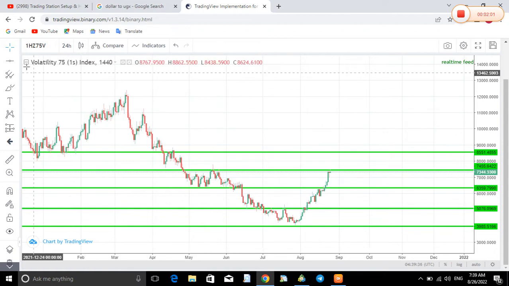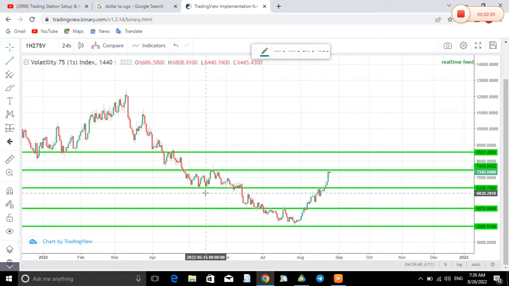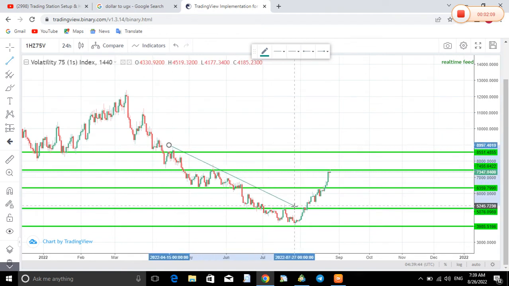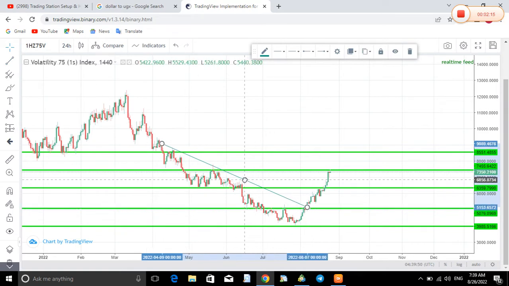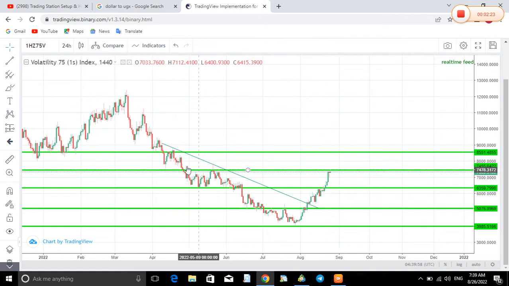If I try to draw my diagonal trend line and connect these recent lower highs, I can see that we were in a deep downtrend.